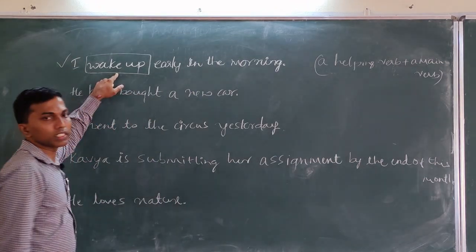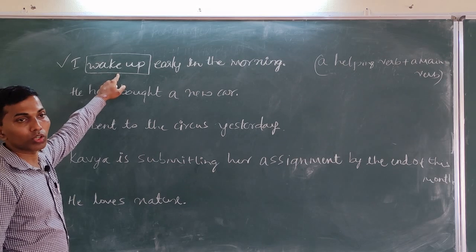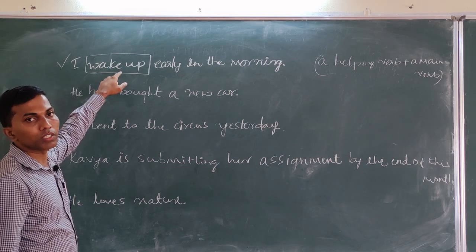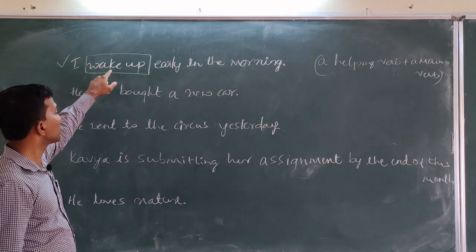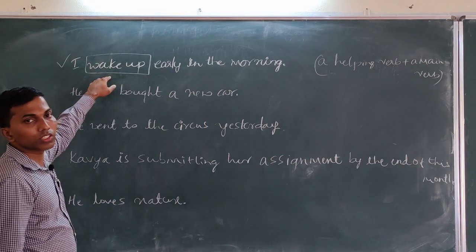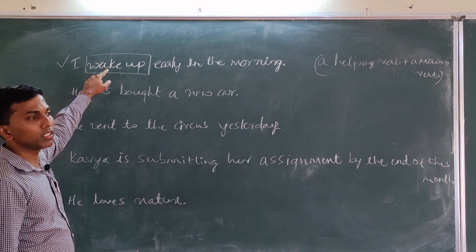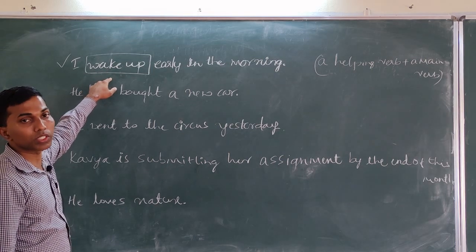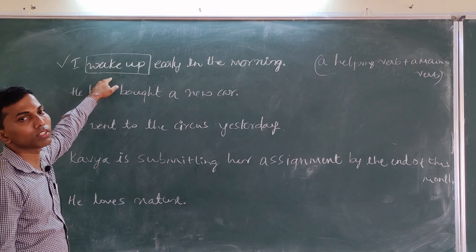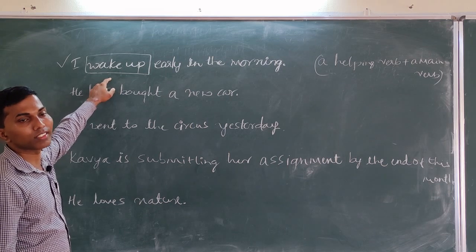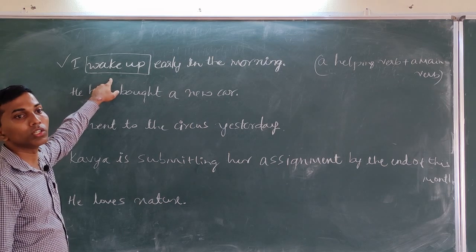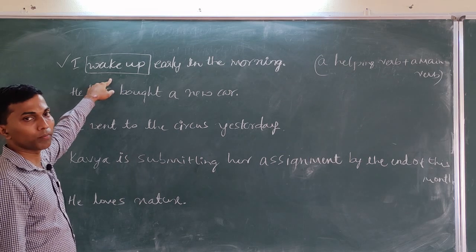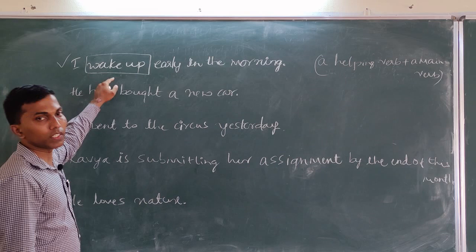No doubt it is a main verb, but it cannot be alone in a sentence. It is to be with a helping verb, and our learning lies here. This is what is to be understood properly. Otherwise, you may not understand the English language and its use, otherwise its grammar at all. That's why I need your rapt attention.